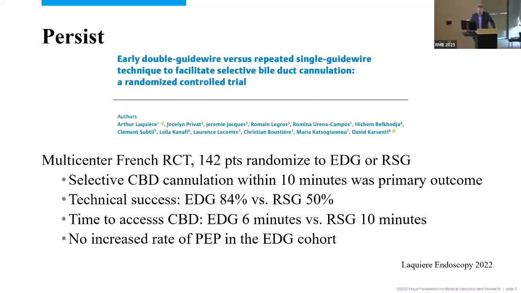Technical success was 84% in the double guide wire cohort and only 50% in the single guide wire cohort, with an improvement in time to access to the bile duct by 4 minutes. Interestingly, and this goes back to the ambiguity of the data, there was no increased rate of post-ERCP pancreatitis in the double guide wire cohort. I'm a big believer that there isn't a signal there, though there has been some data to show that it is higher risk for pancreatitis when you use a double guide wire.